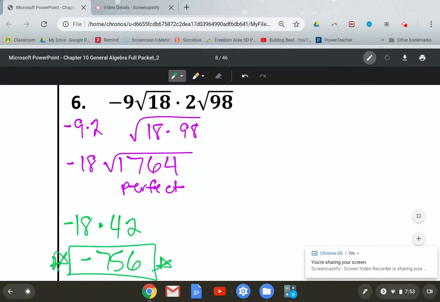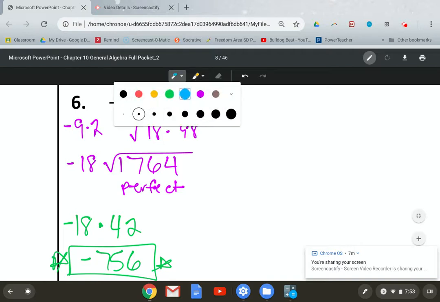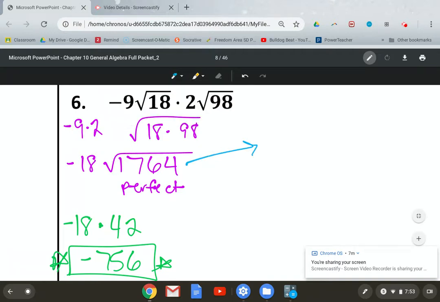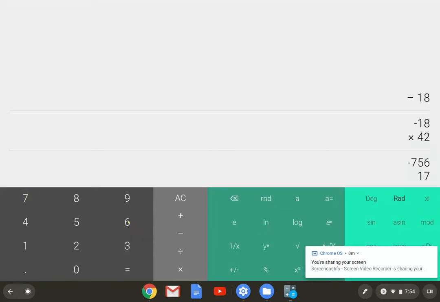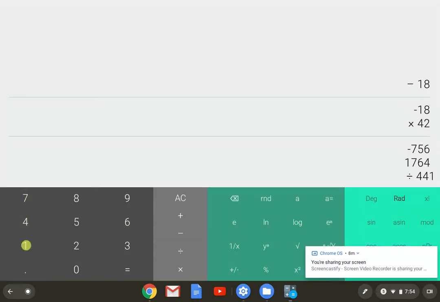Now, I do want to show you something kind of not intelligent that I did. This would be the long way. You can just watch it if you want. I went through the notes and I did this. I went, okay, guys, bring over your negative 18. And then I typed 1764 in the calculator and I divided by 900, and so on. I finally did 1764 divided by 441.